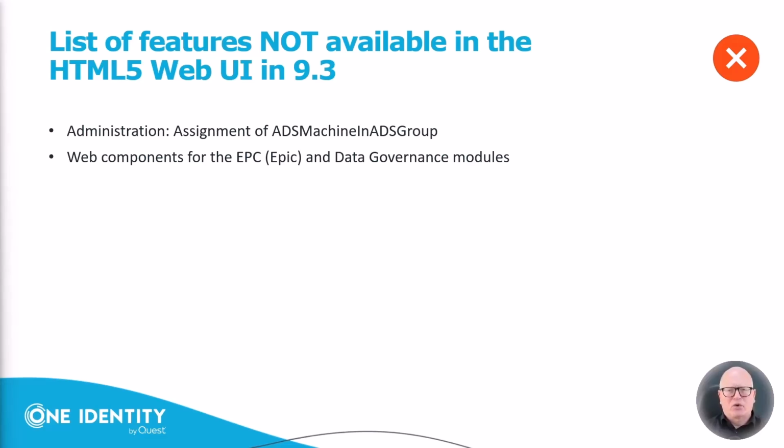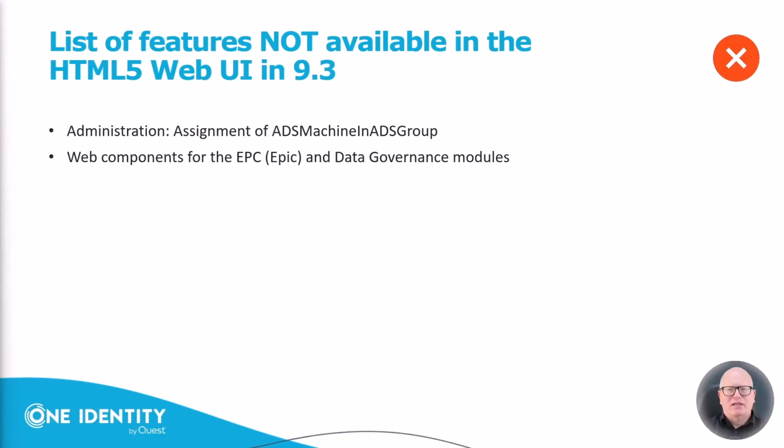A completely different story is the data governance module. And here it is important to understand that in Identity Manager 9.3, absolutely no data governance module is included. Reason for that, of course, is that we moved to .NET 8. I think we talked about that a little.